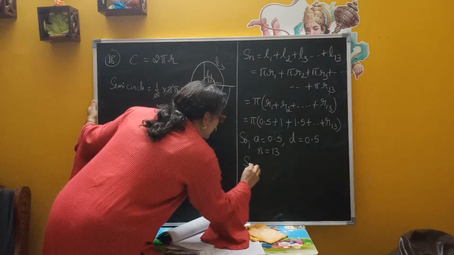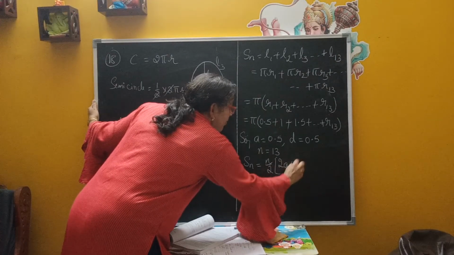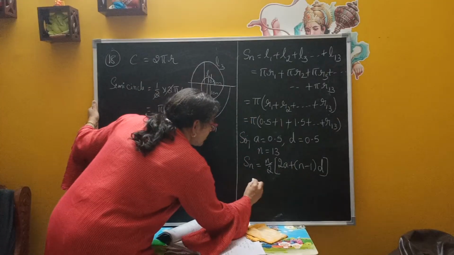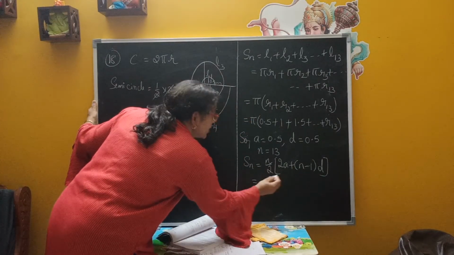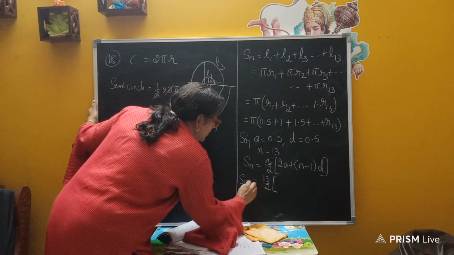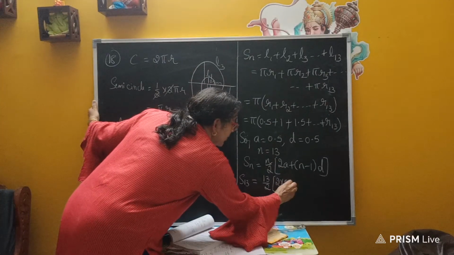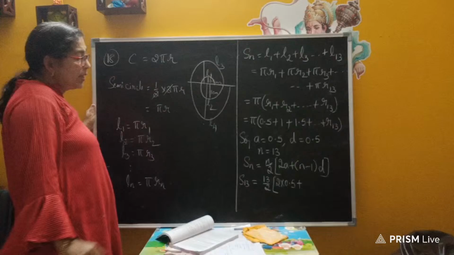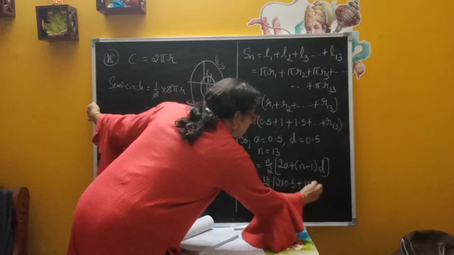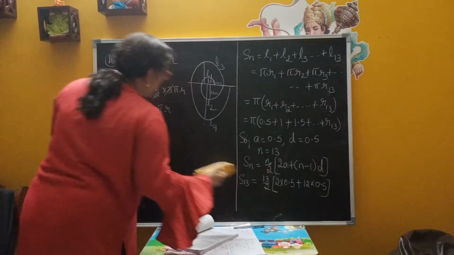Sn is equal to n by 2 into (2a plus (n minus 1) into d). Substitute the values. n is 13, so 13 by 2 into (2 into 0.5 plus (13 minus 1), which is 12, times d). d is 0.5.